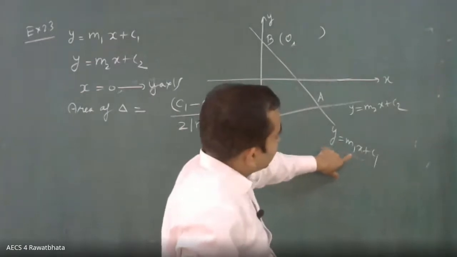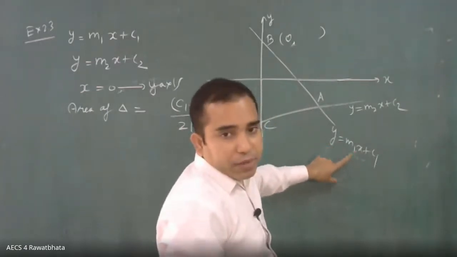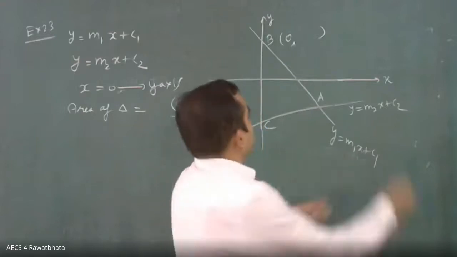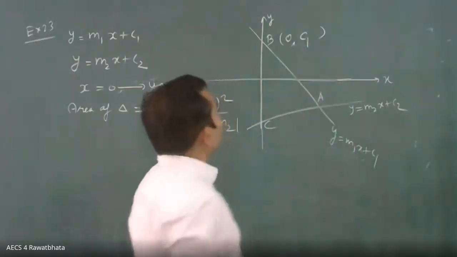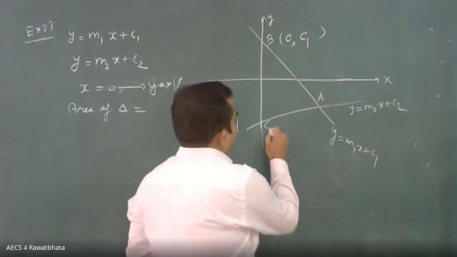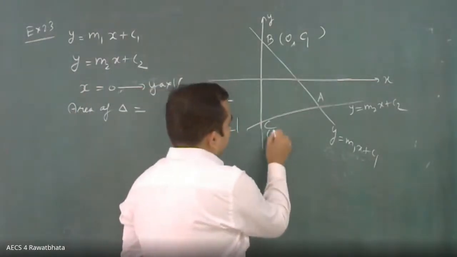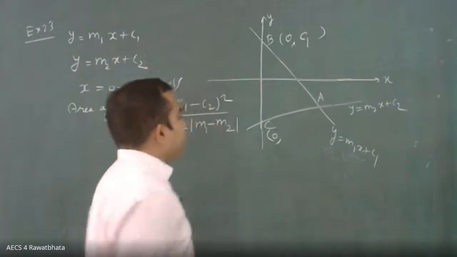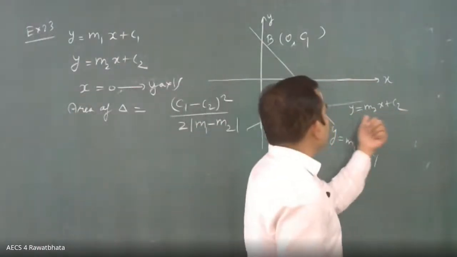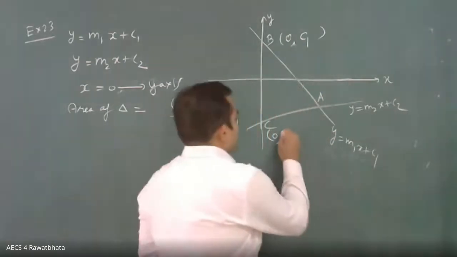So if you put x equal to 0, how much will the y coordinate be? y will be equal to c1. So 0 comma c1 should be B's coordinates. And similarly for this point C, because this point lies on the y-axis, the x coordinate will be 0, and for the y coordinate, in this line you put x equal to 0, so y equals c2.